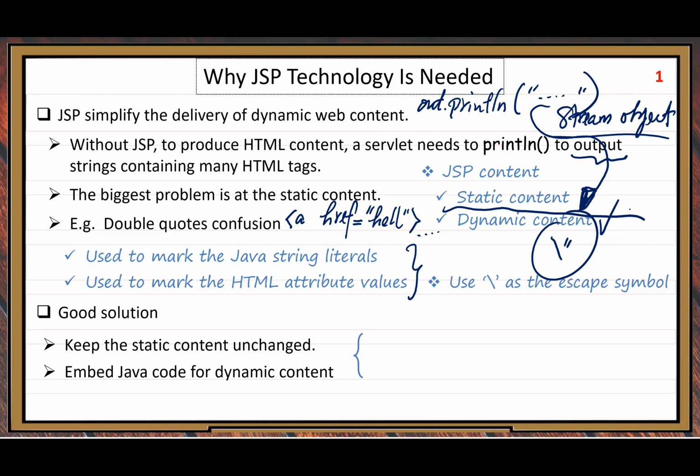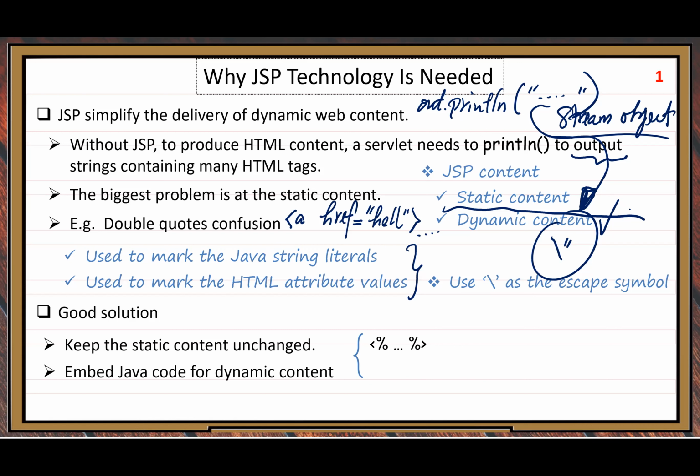And here, the way to embed Java code is that tag, a pair of arrow brackets combined with a percent sign. That special tag. I think you know the PHP way, right?